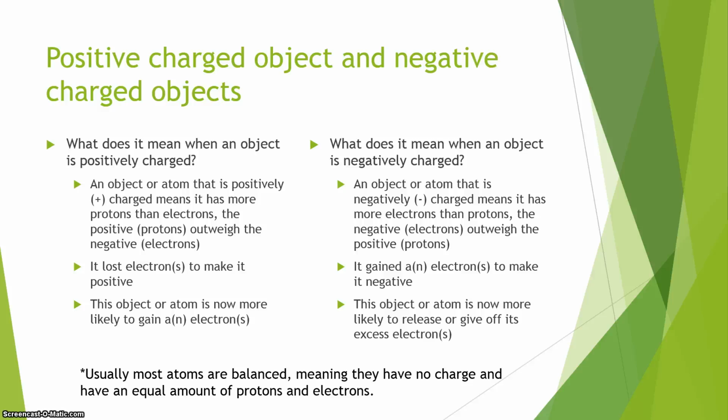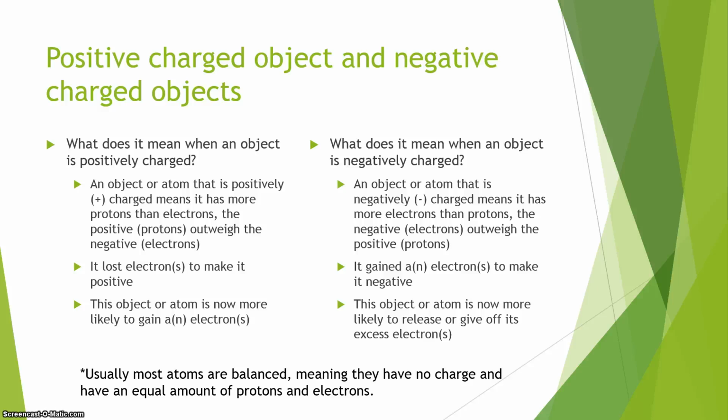So the positives, the protons, outweigh the negatives, the electrons. In a positively charged object or atom, it also means it lost an electron or electrons to make it positive, and the object or atom is more likely to gain an electron or electrons later on.